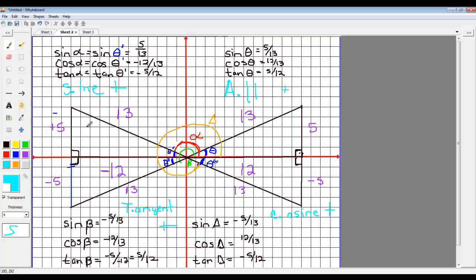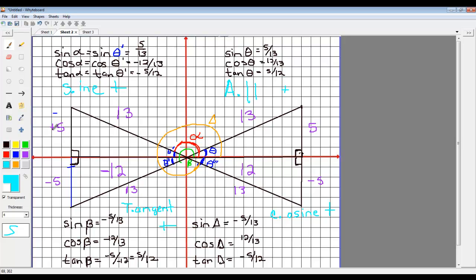As long as you can draw a reference triangle, find your sine, cosine, and tangent, and then just pay attention to what quadrant you end up in, it's a matter of assigning positives or negatives, signs.